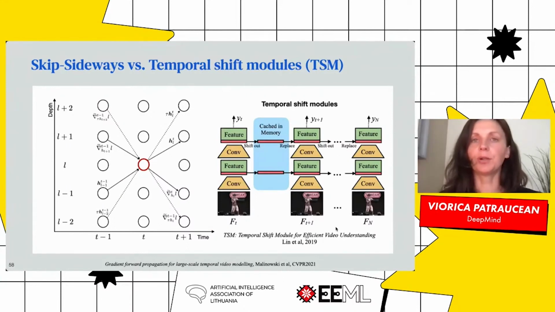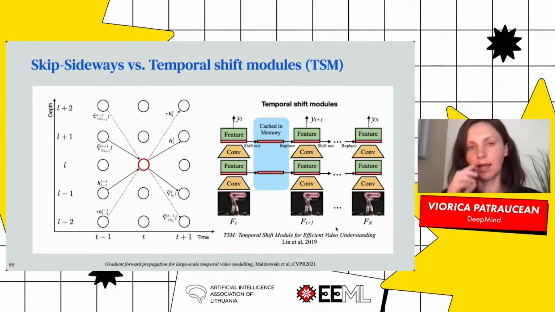For people who are familiar with the Temporal Shift Module paper, for example, they have a very similar setting where you have a 2D image model, but you want the ability to extract temporal features. There they manually shift activations at different time steps so that different layers can combine activations that originate in different frames.